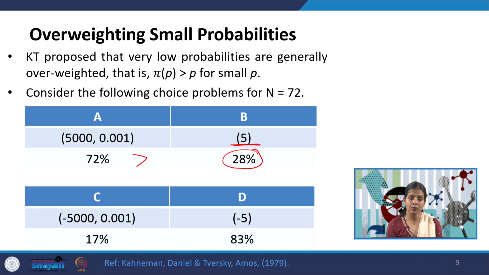The other alternatives are C and D. Again the same individuals or another set of individuals are asked to choose between C and D, where C says that you lose 5000 with a probability of 0.001 and D says your loss is certain, by the amount 5. Here in this case 83% preferred D to C, which means the smaller certain loss is preferred to the larger loss with a very small probability.